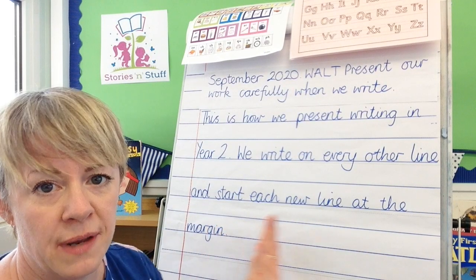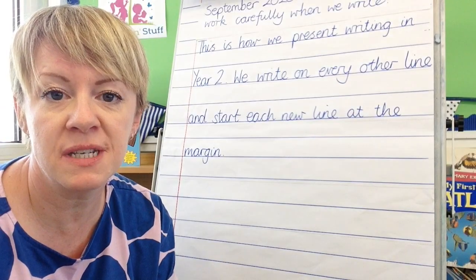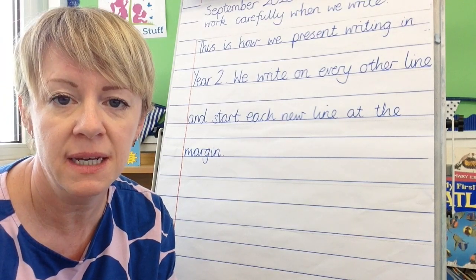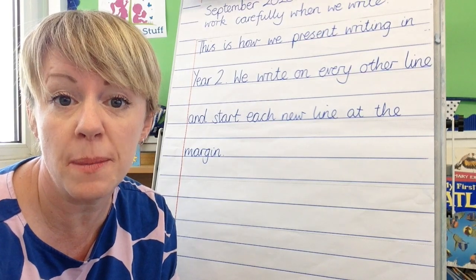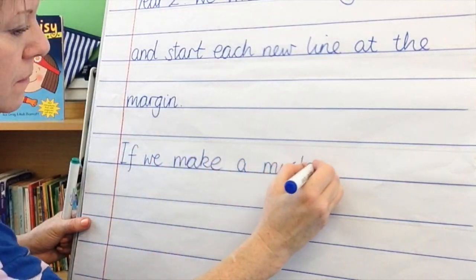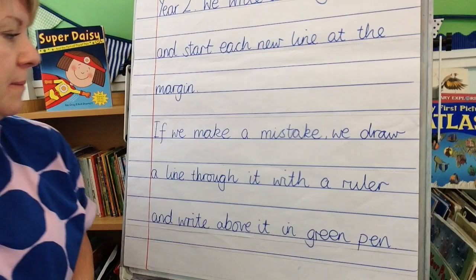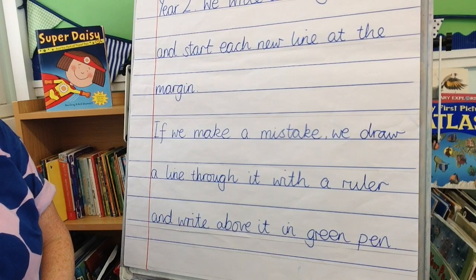Then I will model the next piece of writing because I want them to see me writing carefully. I'll give the children something to think about while I'm writing, so they're not only seeing me model the writing, but there's something that they're focusing on. And what I will ask is, what do we do if we make a mistake? So if we make a mistake, we draw a line through it with a ruler and write above it in green pen.